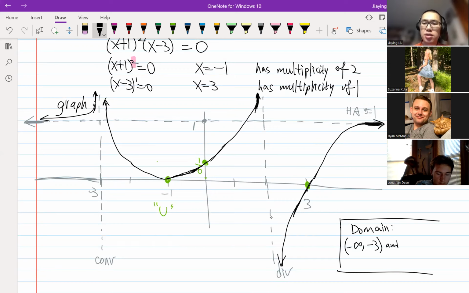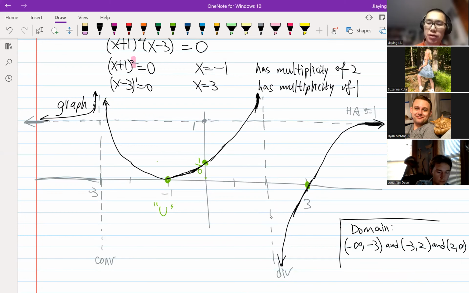The next interval is from -3 to 2, but we do not include either end. And the last interval is from 2 to infinity, but we do not include 2. So that's the domain.